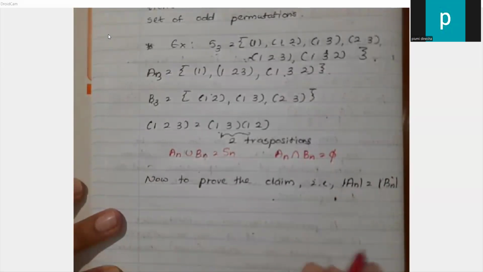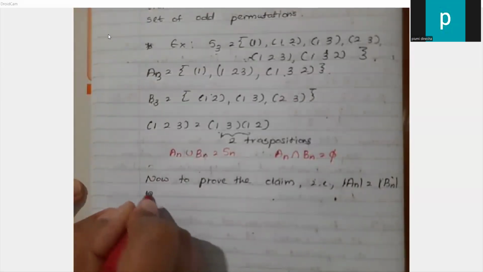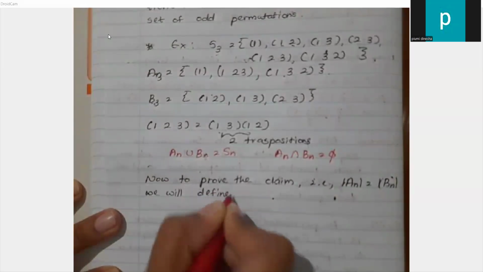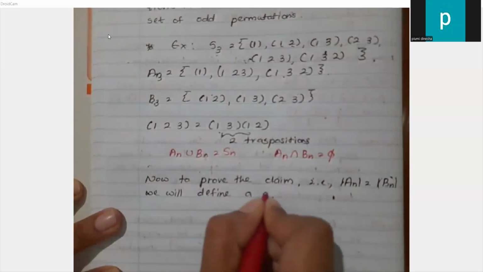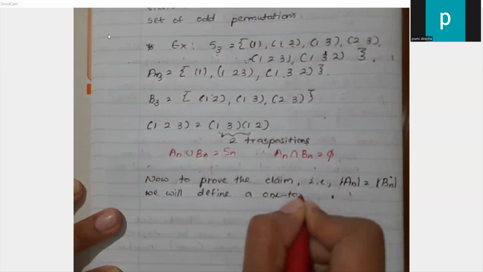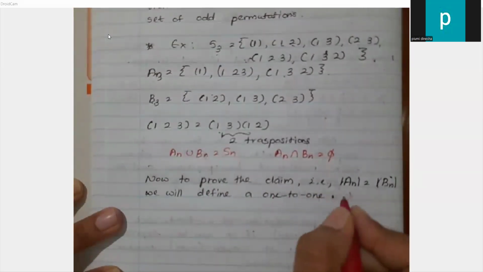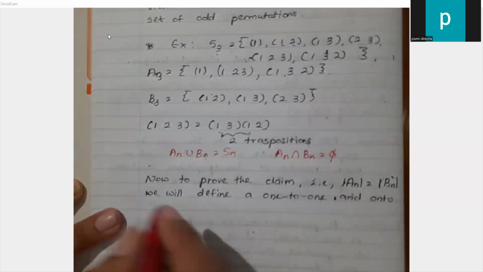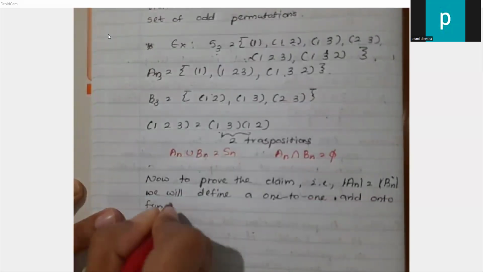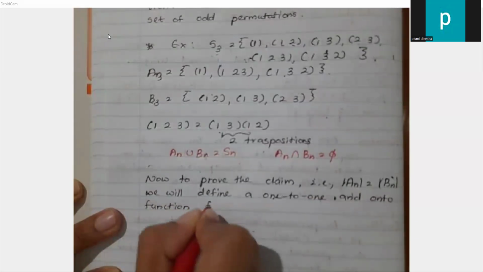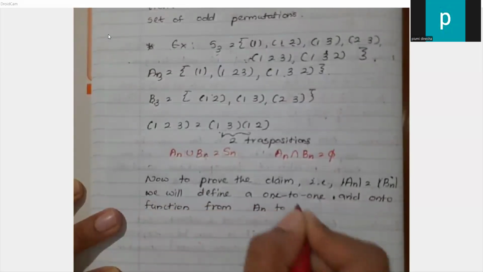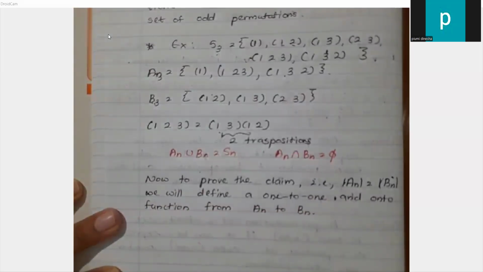Now to prove the claim, we will define a one-to-one and onto function from An to Bn.